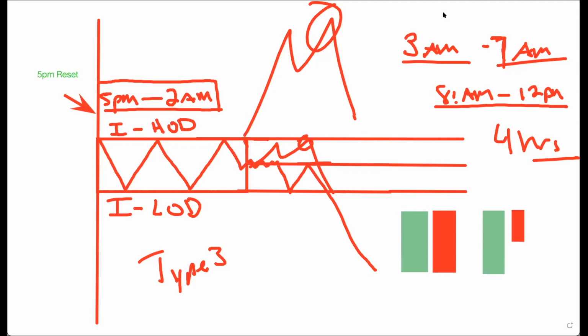Basically, just keep in mind that you want the second bar, so this bar here, to at least cover 75% of the previous bar. So it could be something like, let's say this here, and the next bar could be like this, right?